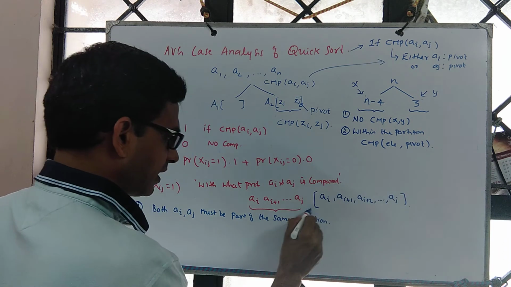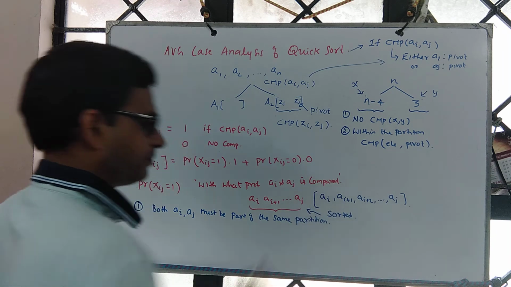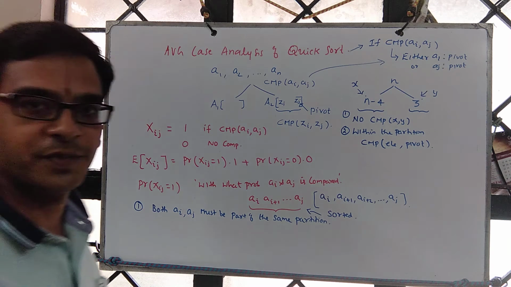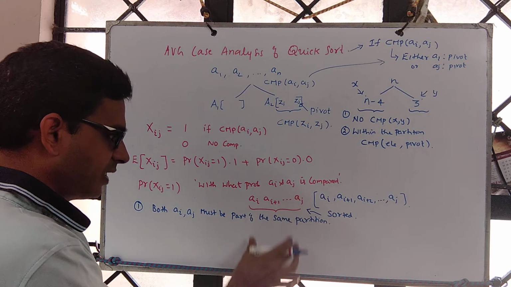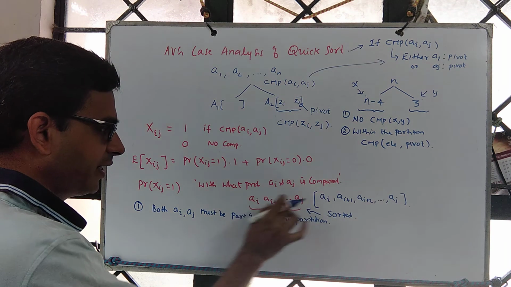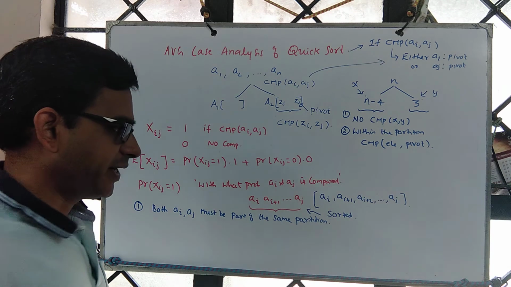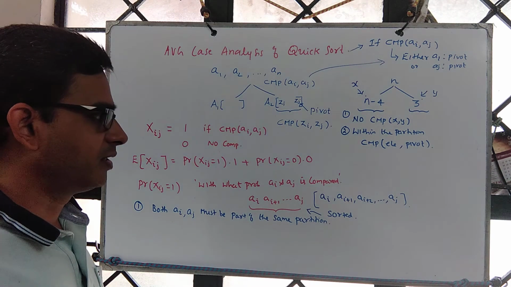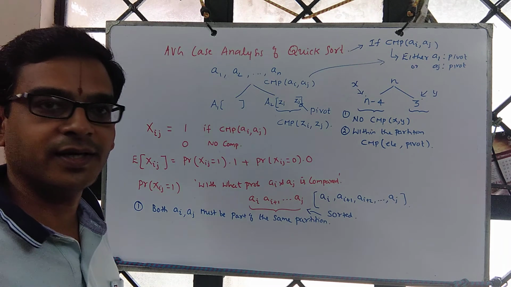In some sense, this one is sorted. This is just for analysis purpose. I am not explicitly sorting. For analysis purpose, you assume that it is arranged from Ai to Aj. Why is this required? We will shortly observe why such a thing is required as part of the analysis.